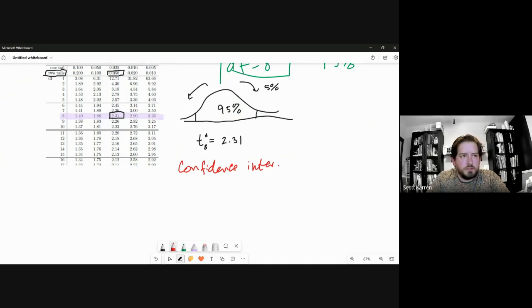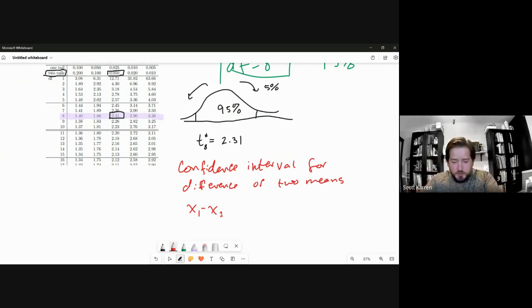The interval for the difference of two means is given by, it's still a point estimate plus or minus a margin of error, but that point estimate is x1 minus x2, or whichever one is the larger, or the one you're interested in, minus the control group, and then plus or minus the T star times your standard error.